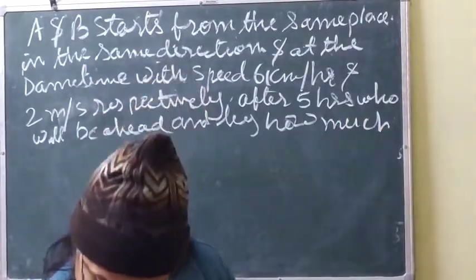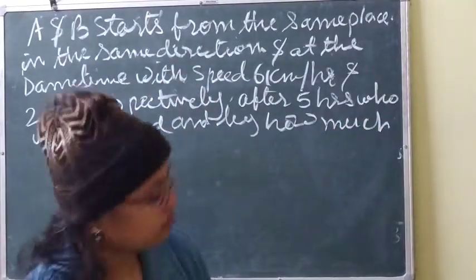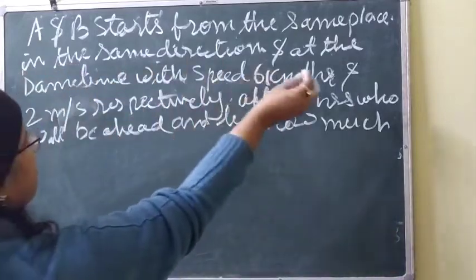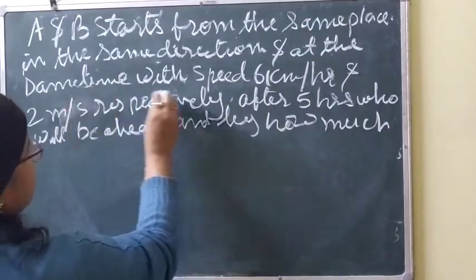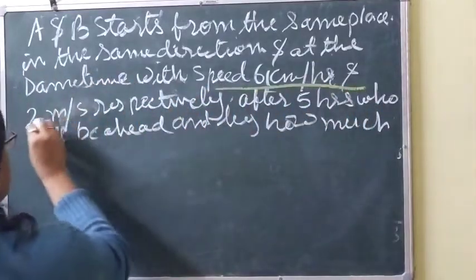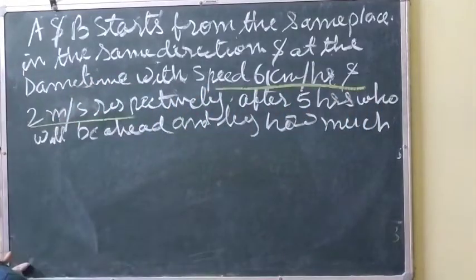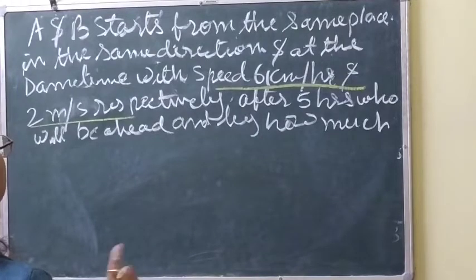Clear? This is the question. So A and B starts from the same place in the same direction at the same time with the speed 6 km per hour and 2 meter per second respectively. After 5 hours, who will be ahead?